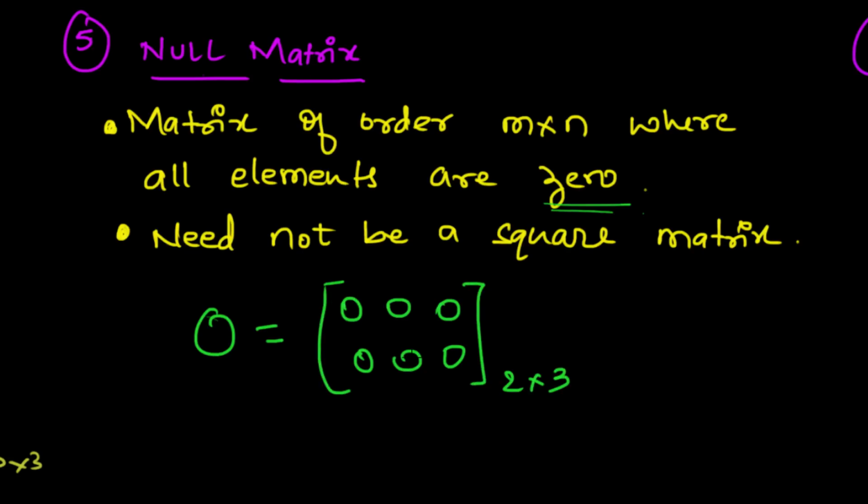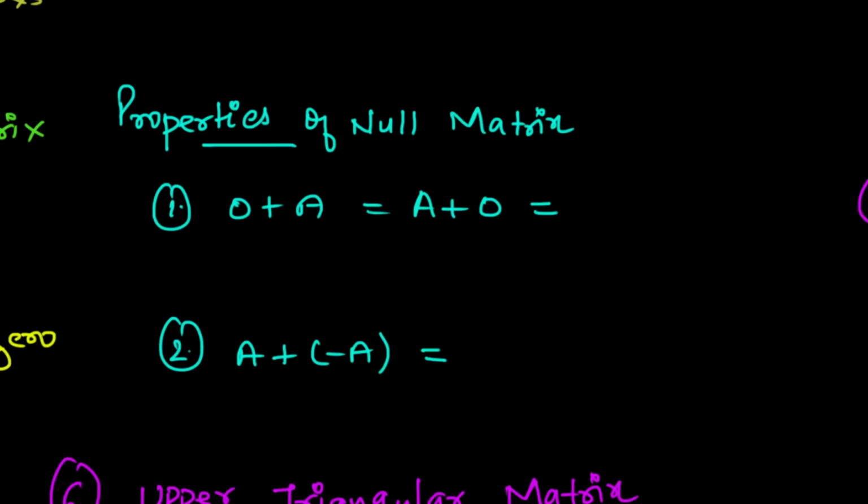It may or may not be a square matrix and all the elements have to be 0. That's it. Let's see some properties of null matrix. O is the additive identity for any matrix, which means that if you add O with A or A with O, you will get A itself. Also, if you add A with the negative of A, you will get a null matrix. So minus A is called the additive inverse of A.